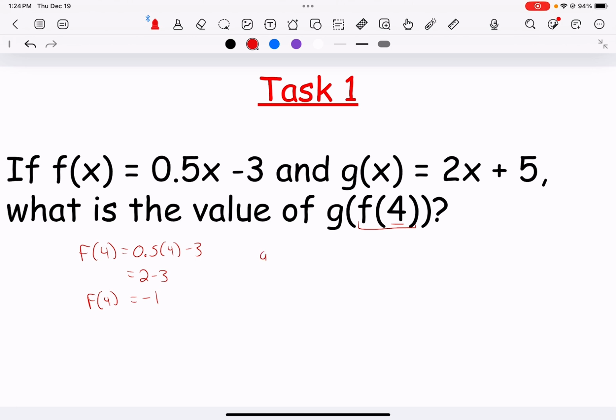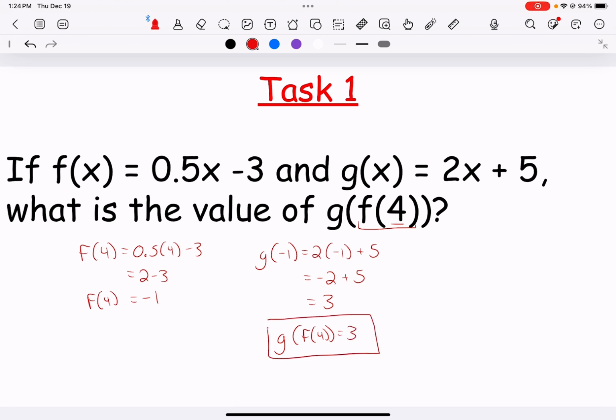Now we're going to replace the f of 4 with negative 1 and look for g of negative 1. g of negative 1 is 2 times negative 1 plus 5. 2 times negative 1 is negative 2, and negative 2 plus 5 is 3. So we would write our final answer as g of f of 4 is equal to 3.